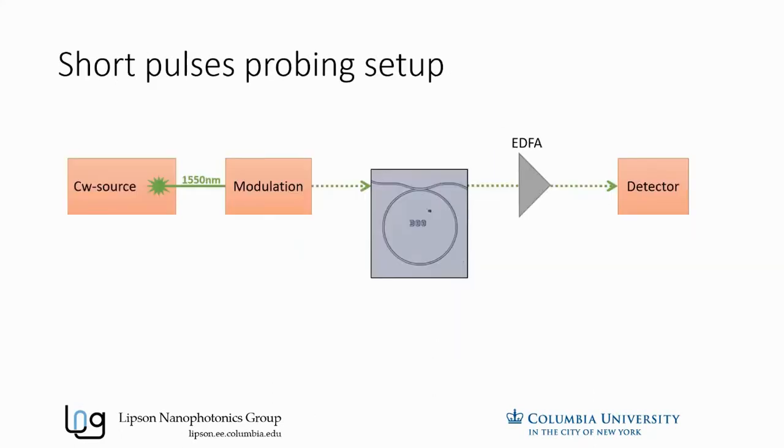The experimental setup is very straightforward. We modulate the pulses using an EOM, send them to a silicon nitride chip, this 150 micron radius, I believe, and has a few million Q, again, about 4 nanosecond lifetime. And then because we are dealing with very short pulses, we have to amplify them and we can detect them.